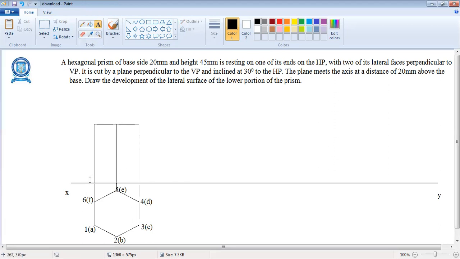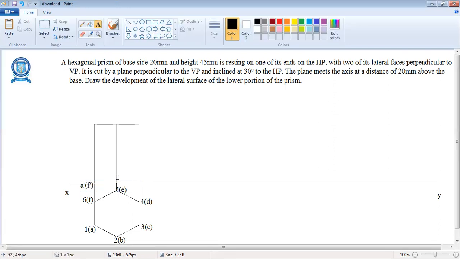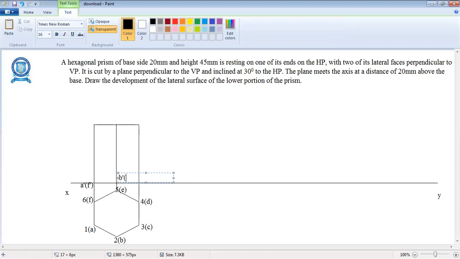Mark the points in the bottom: A dash in bracket F dash, B dash in bracket E dash, C dash in bracket D dash.